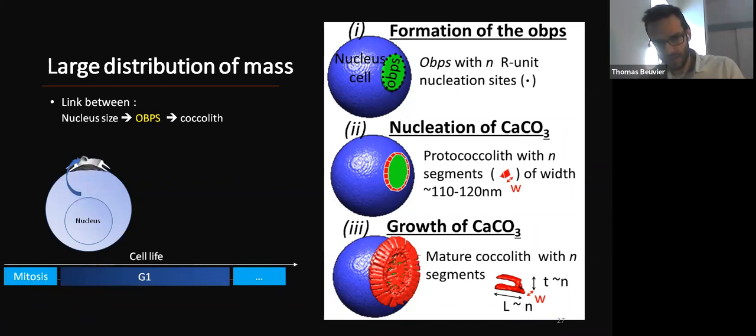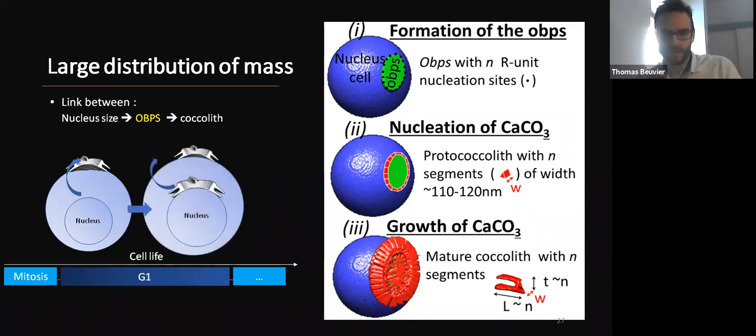Then it is expelled, and during the life of the cell, when the cell grows, the nucleus will be bigger and will form bigger coccoliths. So we propose this link between the size of the nucleus and the size of the coccoliths in order to explain this large polydispersity.